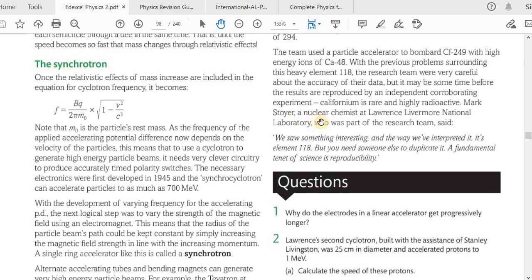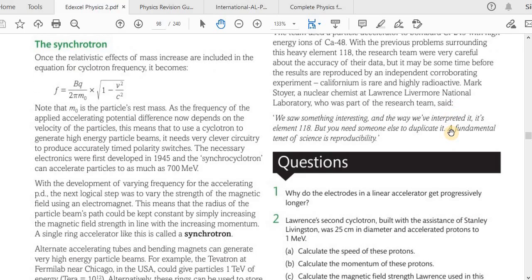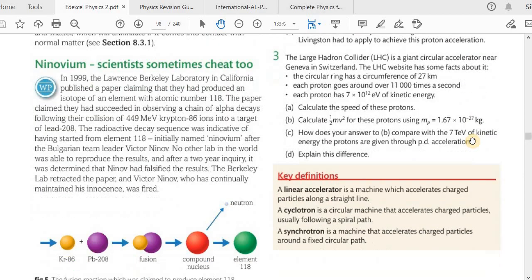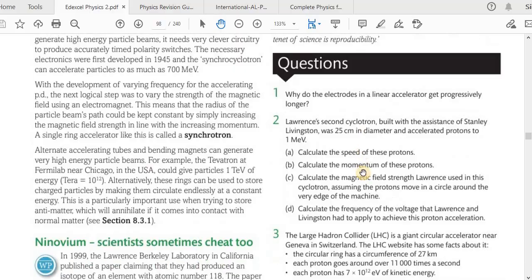Mark Stoyer, a nuclear chemist at Lawrence Livermore National Laboratory who was part of the research team, said, "We saw something interesting and the way we interpreted it's element 118, but you need someone else to duplicate it. A fundamental tenet of science is reproducibility." Okay, so that's the end of that part. Make sure you understand these definitions, they are important, and answer all these questions.